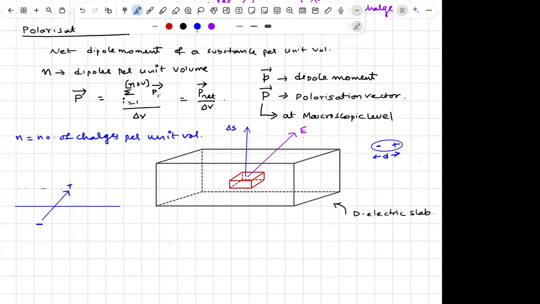Which means I can confidently say that this is d by 2 cos theta, and this is also d by 2 cos theta. That is the direction of the field.